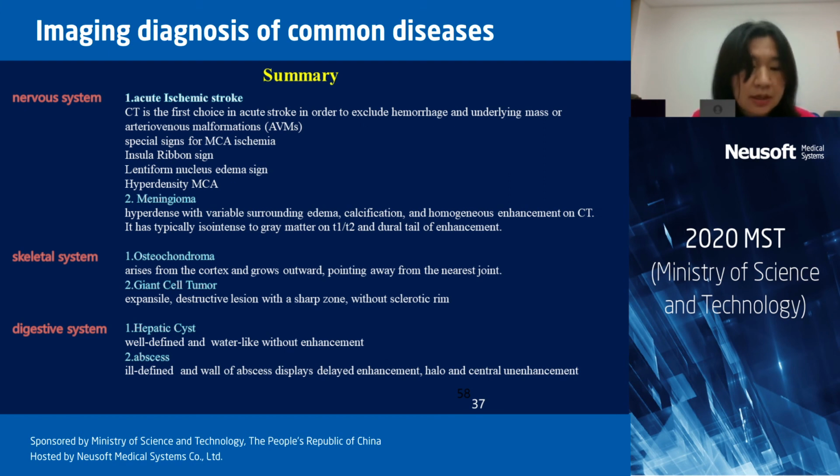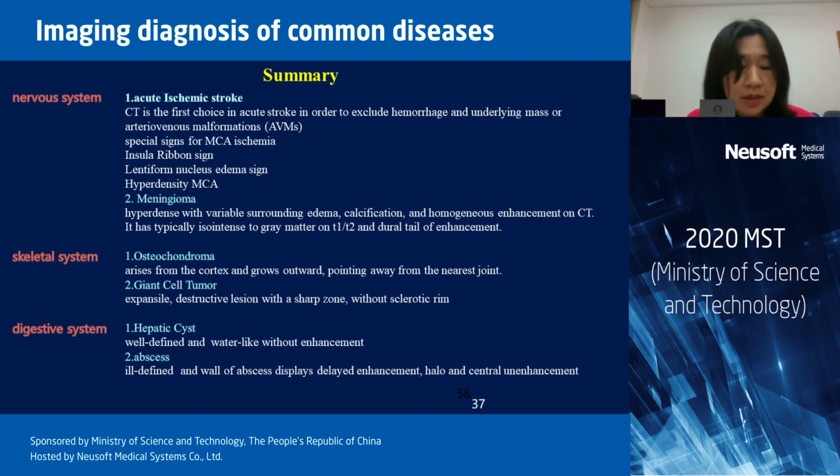Summary. Today we share three systems of disease. In the nervous system, containing two common diseases. 1. Acute ischemic stroke. CT is the first choice in acute stroke in order to exclude hemorrhage and underlying mass or AVMs.